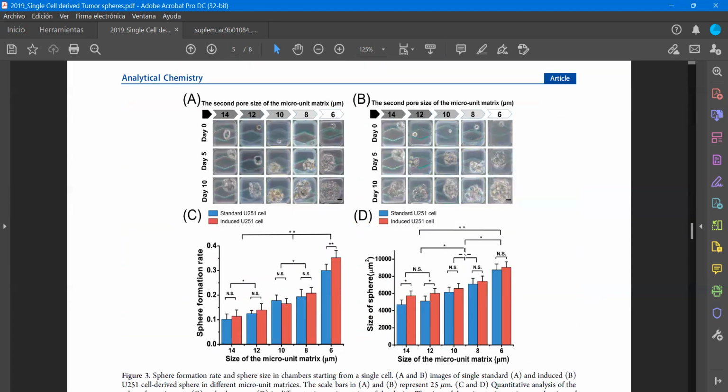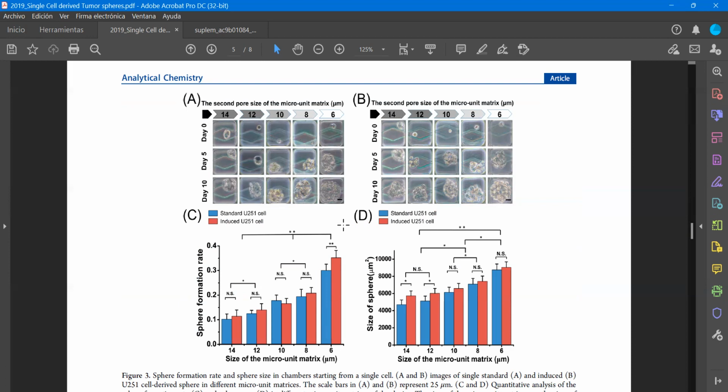And this is a very nice image of how the spheres form. First the cells at day 0, we have the cells trapped here in these chambers, and then as time goes by, for example, in day 5, the spheres have formed, and at day 10, we see that the spheres have grown.